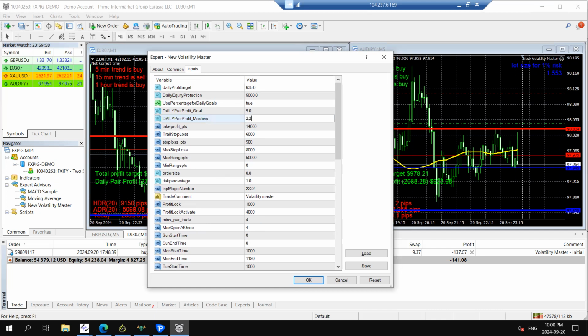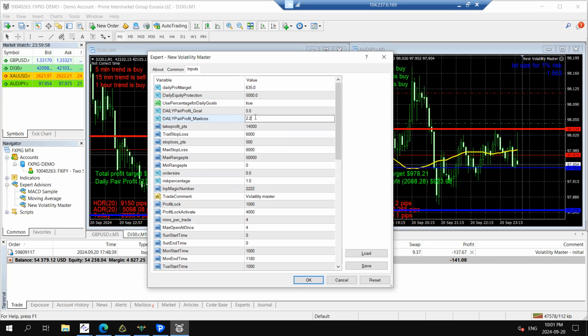And I was playing with this. Normally what I would have is a daily max loss of 2.2%. Why 2.2? Simply because it's just a smidgen more than twice the risk percentage. If I just had it set at 2, then I might lose just a smidgen more than 1% on the first trade, and then I wouldn't have enough left out of the max loss allotted amount to take out a second trade.